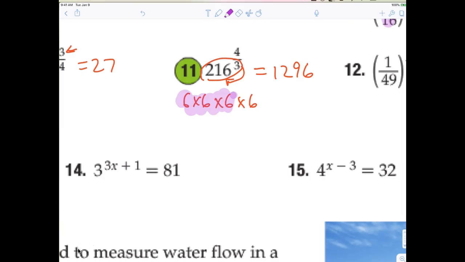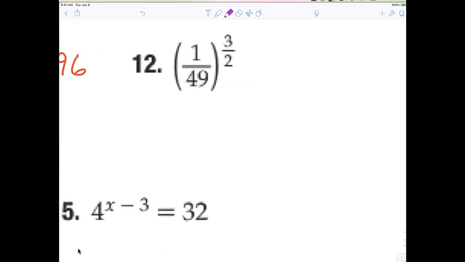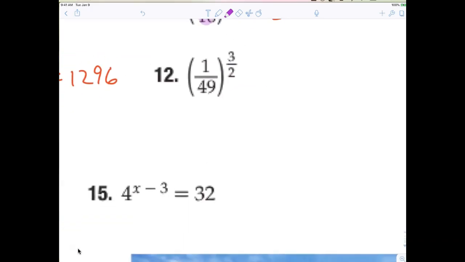Now, if you want, type it on your calculator, 216, caret 4/3, and let's see if it's 1296. Everybody good? All right. Here we go. Number 12. What is the square root of 49? 7.